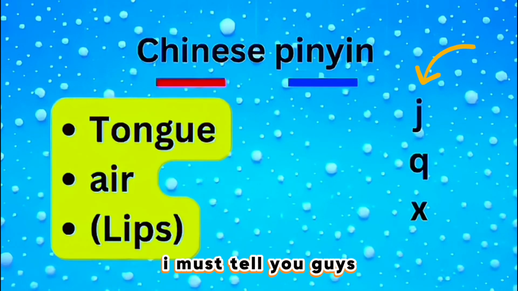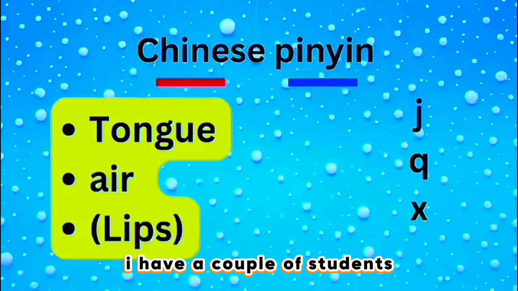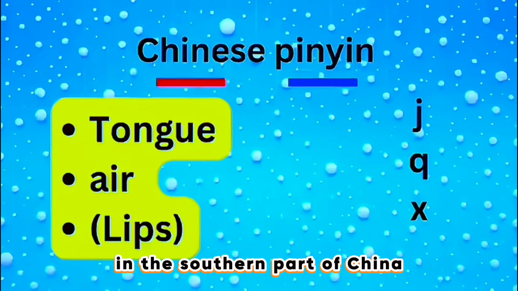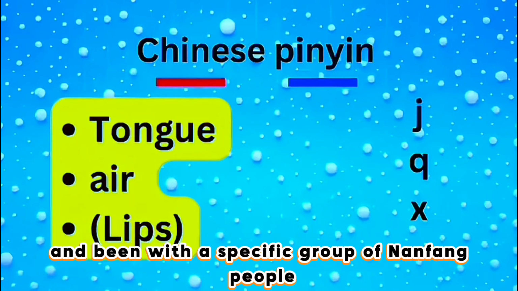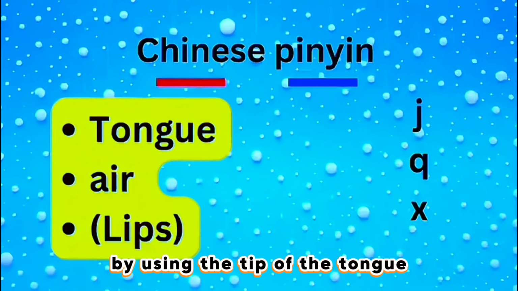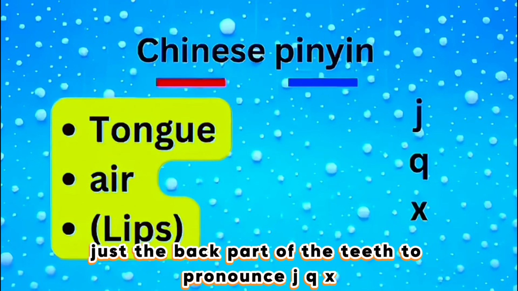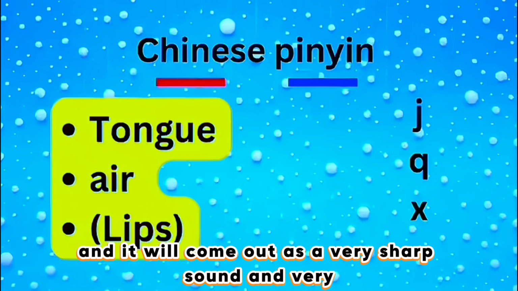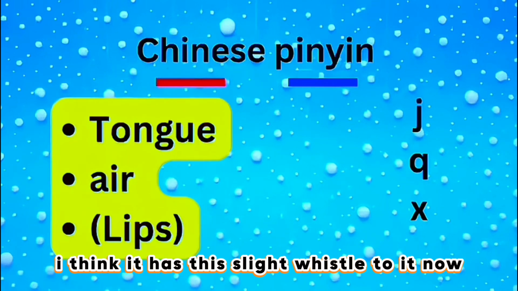Okay, now next in line is ji. Now I must tell you guys, I have a couple of students that probably have lived in the southern part of China and been with a specific group of southerners a long time that will pronounce this sound by using the tip of the tongue and letting it touch just the back part of the teeth to pronounce ji, and it will come out as a very sharp sound and I think it has this slight whistle to it.